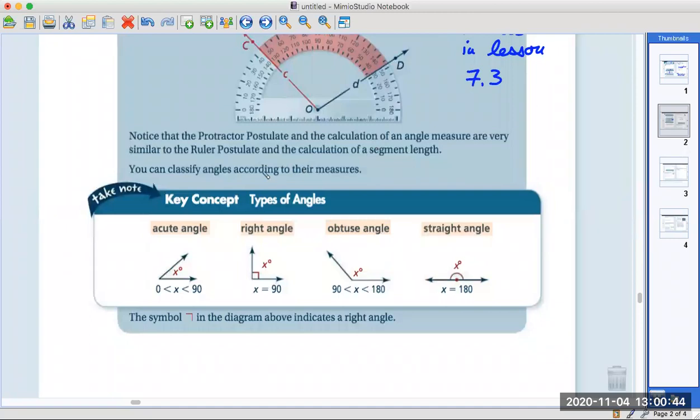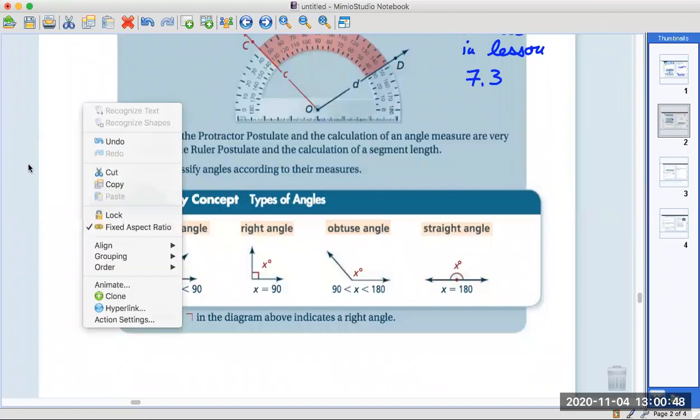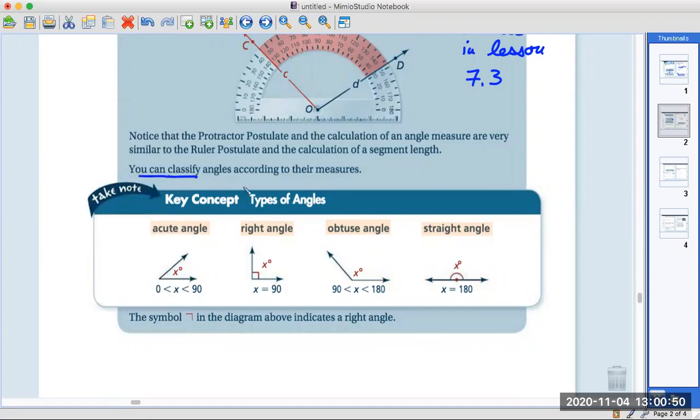Okay, this is important. This is called angle classification. You can classify angles according to their measures. So these are the classifications you need to know. What is an acute angle? One that's between 0 and 90 degrees. What is a right angle?